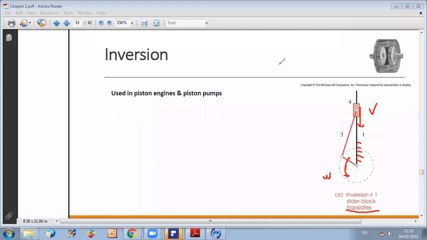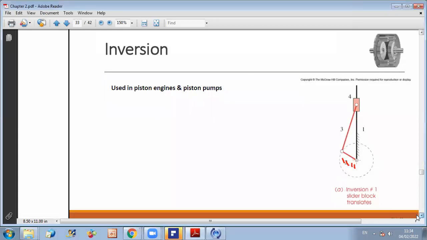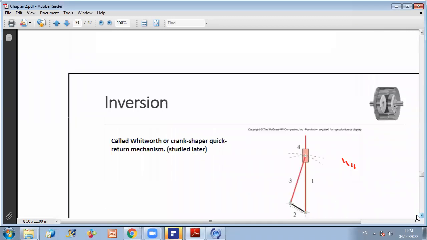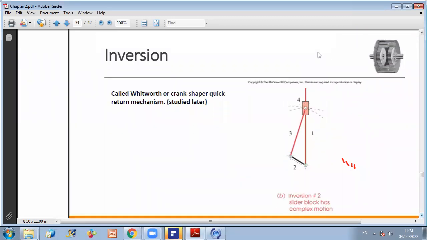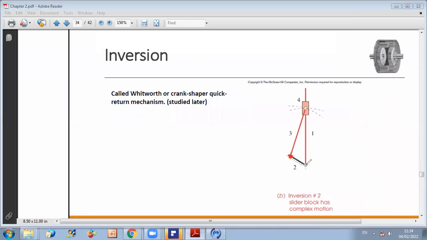Okay, now let us explore another type of inversion by now fixing link 2 to the ground. So we consider that 2 is grounded. Then what will change? If we do this, let us see what will happen. So if you ground this link, what will change then? You will have this point fixed, okay, and this point also is fixed.